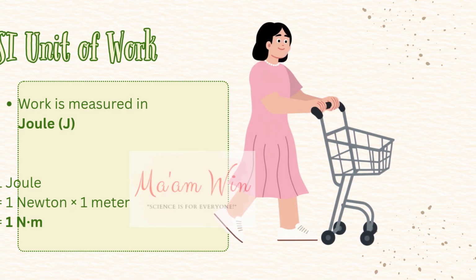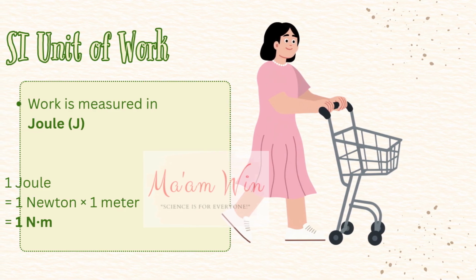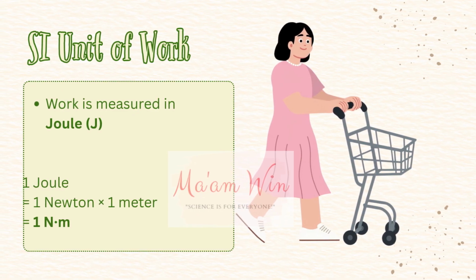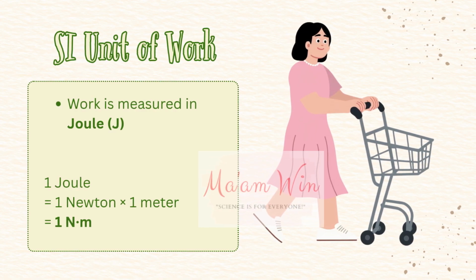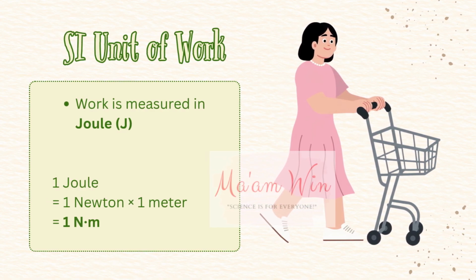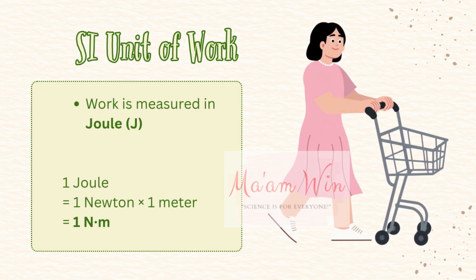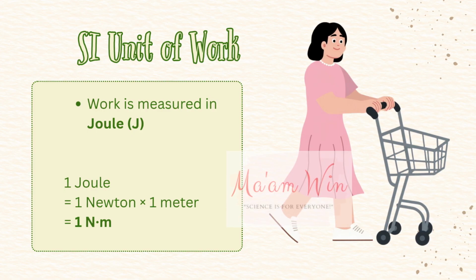In the International System of Units, or SI, the unit of work is the joule. It is represented by the symbol J. 1 joule is defined as the amount of work done when a force of 1 newton moves an object 1 meter in the direction of the force.